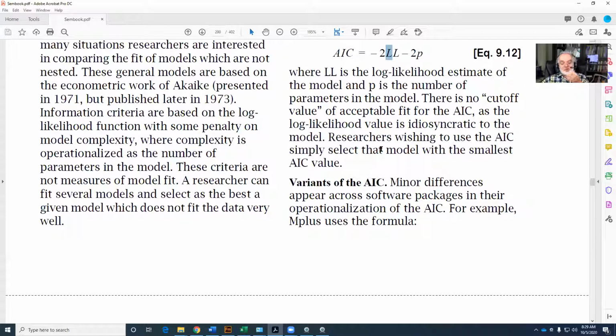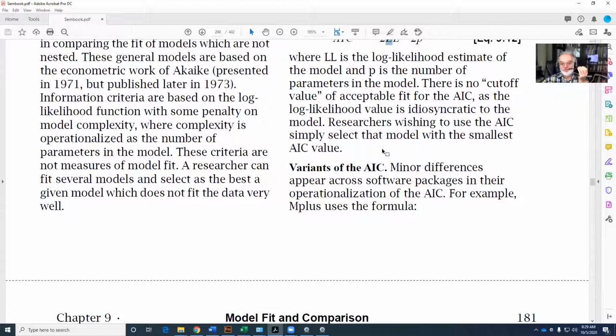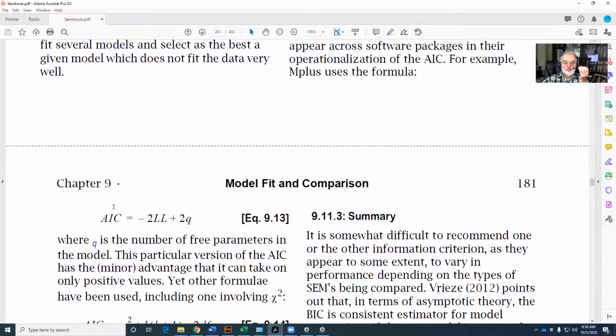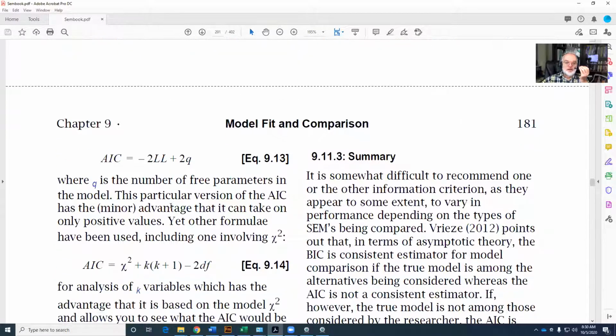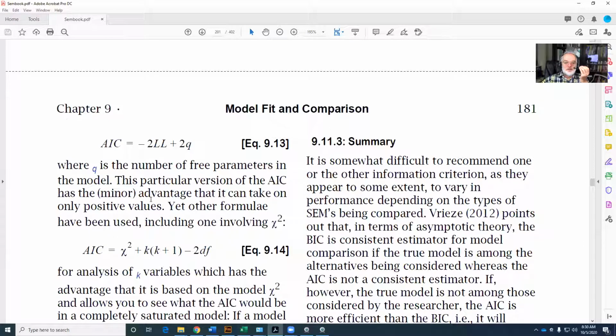Now, one of the problems with the AIC is that you really have to go back and look at your software to know if a small number of the AIC is good or if a large number of the AIC is good. Because, for example, Mplus uses this formula, and it can only take on positive values. I think that's the advantage.